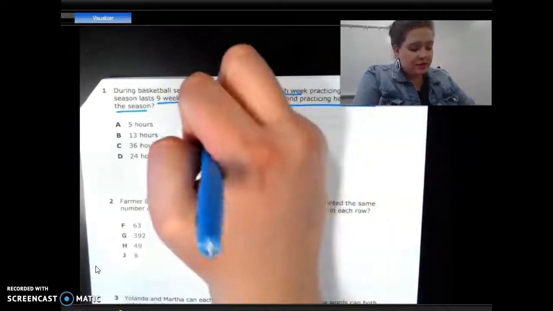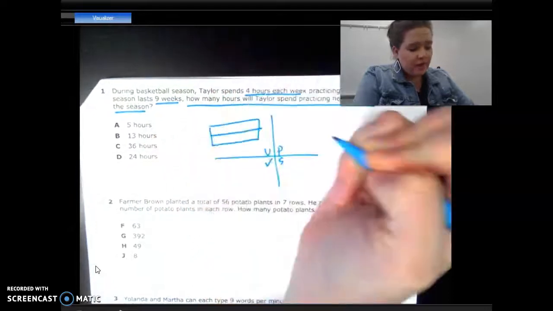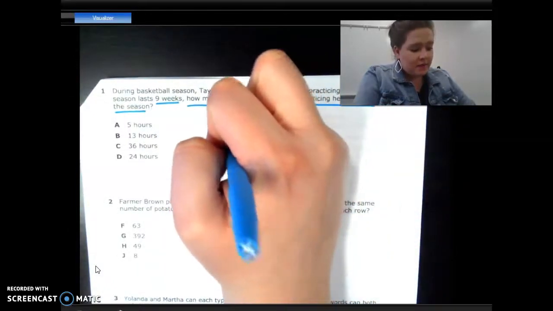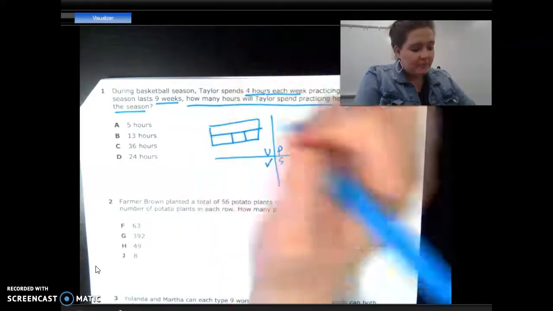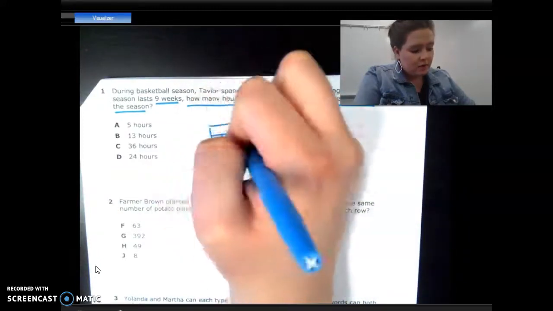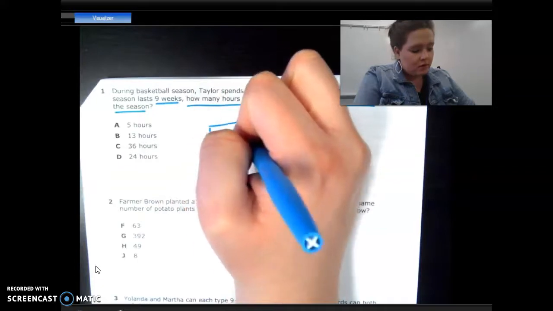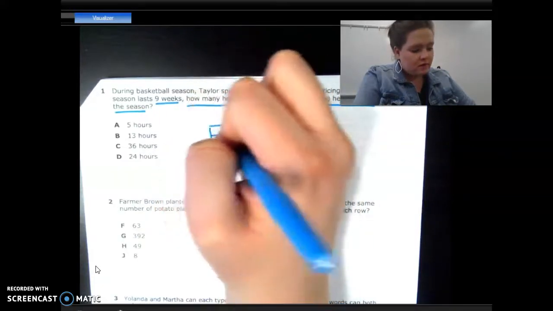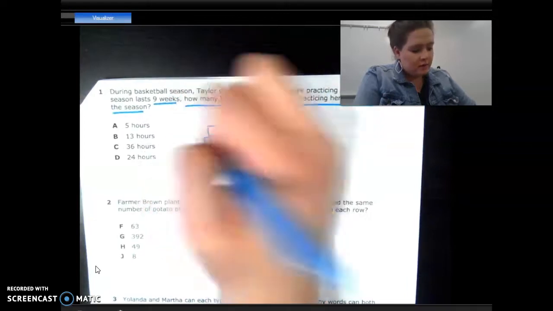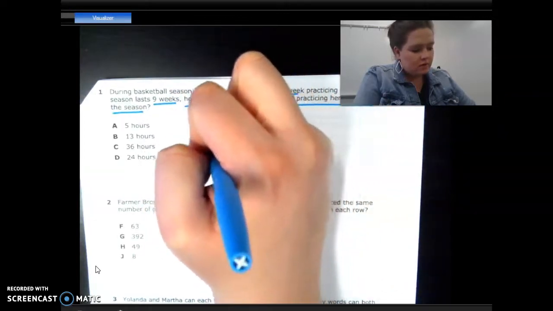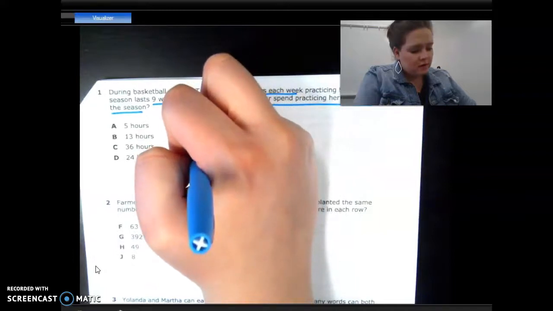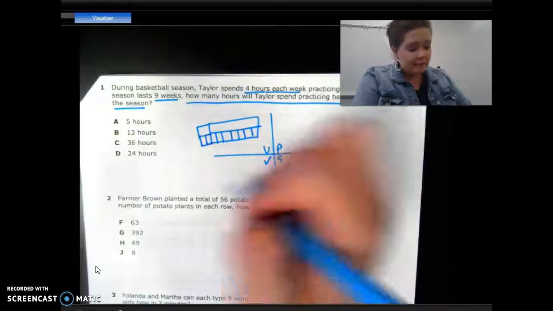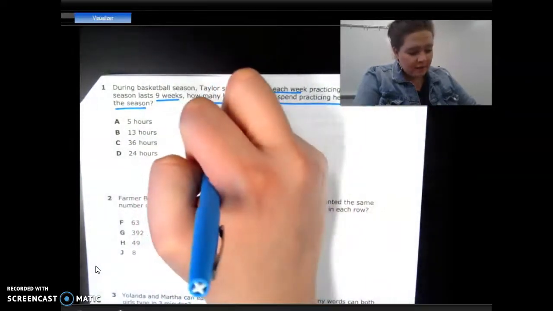This is a multiplication problem. Sorry. You would have had 9 boxes on the bottom, and each one of those would have represented a week.